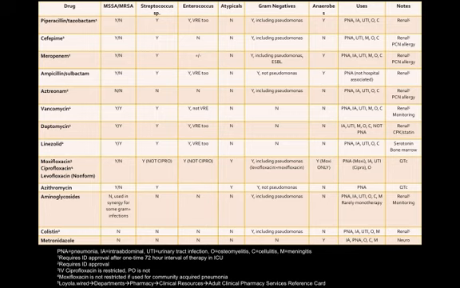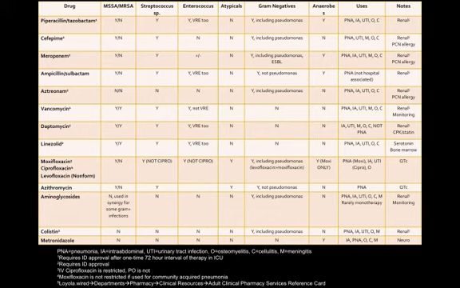Quinolones cover atypical bugs, so if you're worried about an atypical pneumonia, that's when you're going to start to add them. And sometimes people argue to add them as double cover for gram-negative infections. That's a whole talk in and of itself, but if you're going to double cover, fluoroquinolones might be an option. And moxi is great because it does have some anaerobic coverage, so you can consider it for something like a community-acquired aspiration pneumonia.